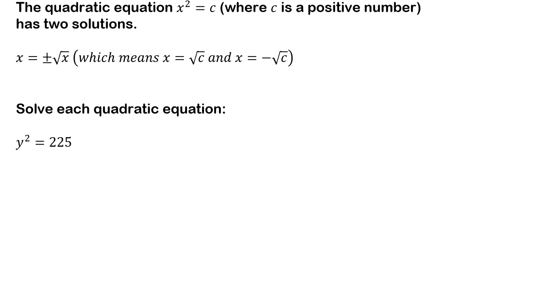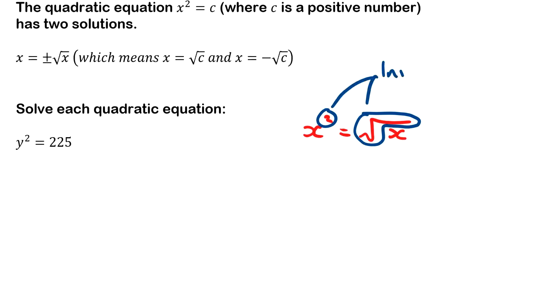If you recall, if I have x squared, the opposite to that is the square root. Our square and our square root are what we call our inverse operations. Whenever we need to get rid of a minus, remember we always plus. In the same way, if we need to get rid of a square, we square root.